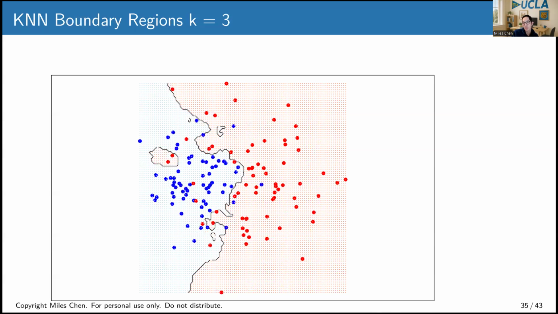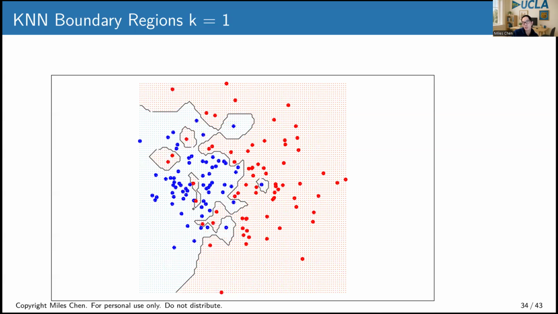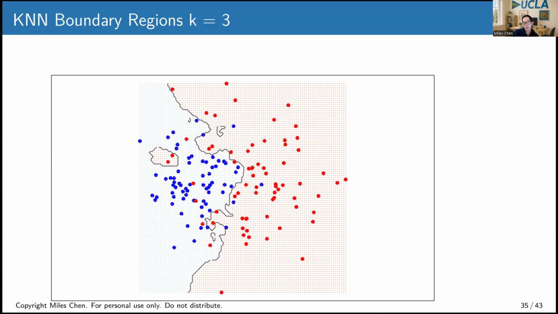So here, we have weird shapes with k equals 1, but as k grows to say 7 and 9 and 15, okay, especially around 15, you can see this boundary seems pretty stable in that individual data points aren't drastically affecting it.